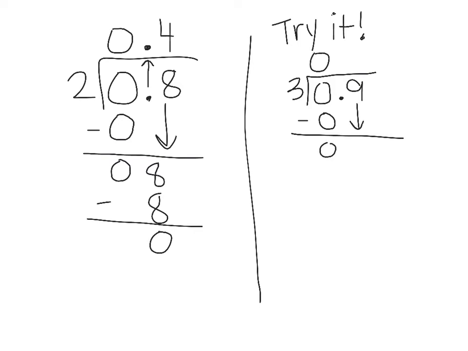We bring down our 9 tenths and do 9 tenths divided by 3, which is equal to 3 tenths. 3 tenths times 3 is equal to 9 tenths. We subtract and we get 0. Again, we're going to just move our decimal point straight up, making sure that we're keeping our place value lined up. So our answer is 3 tenths.